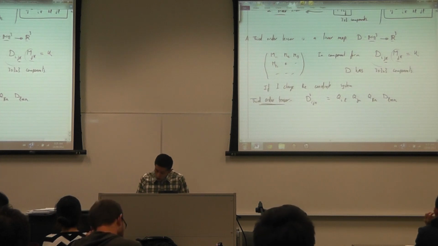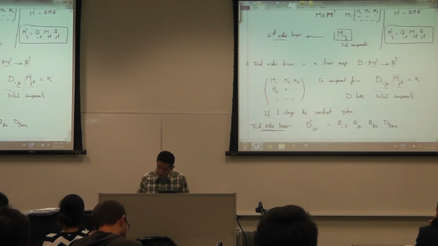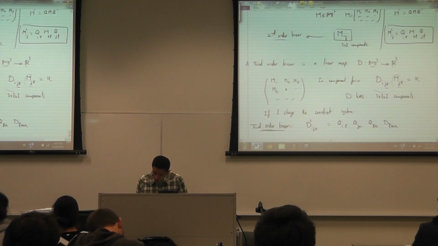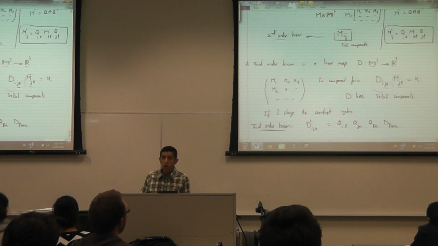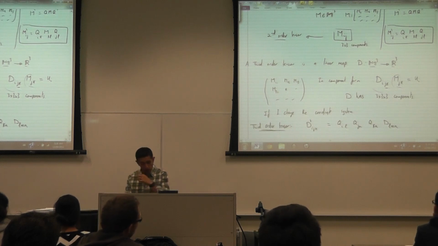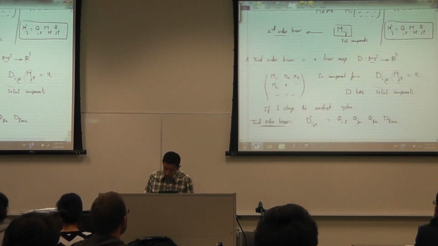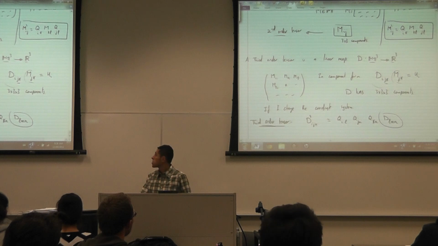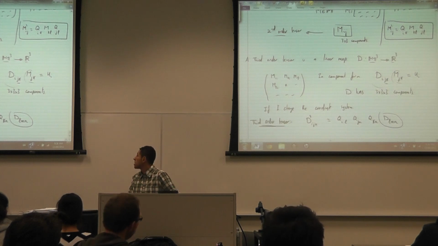If you notice, M'_ij is equal to Q_ik Q_jl M_kl, so i goes to this Q, j goes to this Q, and then M_kl. This is the same thing here. The new components of the third order tensor D'_IJK are equal to Q_IL, Q_JM, Q_KN, with L, M, and N summed, multiplied by D_LMN.